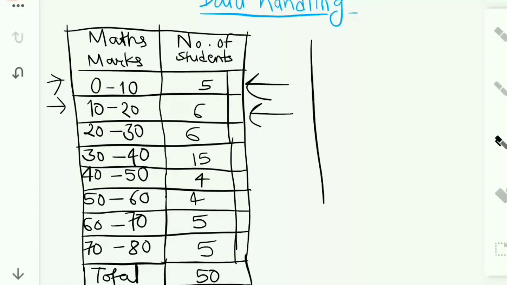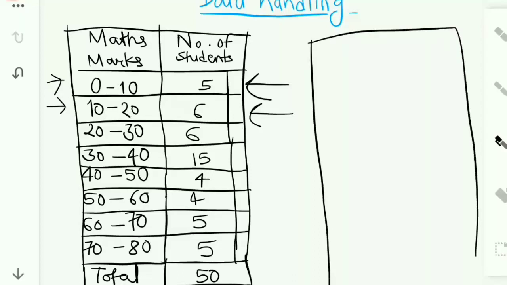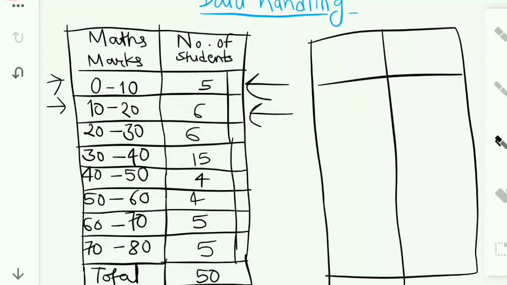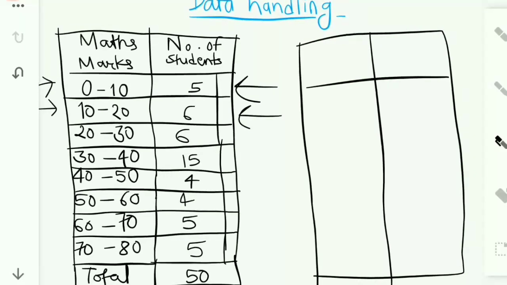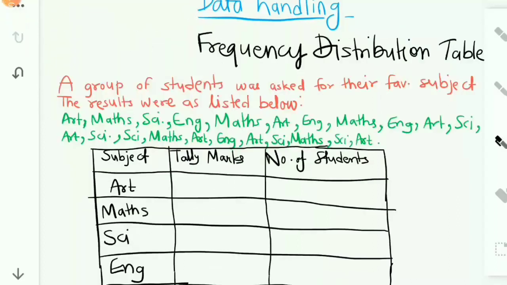In this way, we can represent all the data about 50 students in just 5 tables. All we have to do is make such tables for 4 other subjects, that is science, Sanskrit, English and social studies. Right? So this is called frequency distribution table. Let's look further into it.